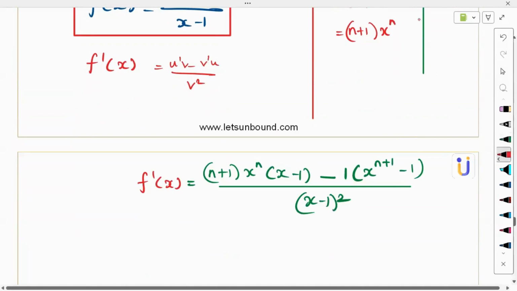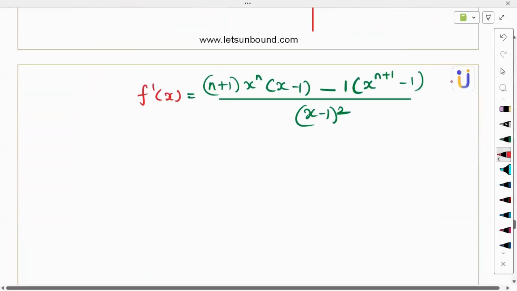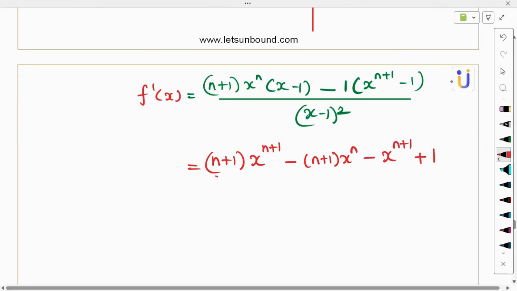Okay, let me take the x^n inside: x^(n+1) minus (n+1) into x^n. Then take the minus 1 inside: minus x^(n+1) plus 1, divided by (x − 1) the whole square. This is f dash of x.